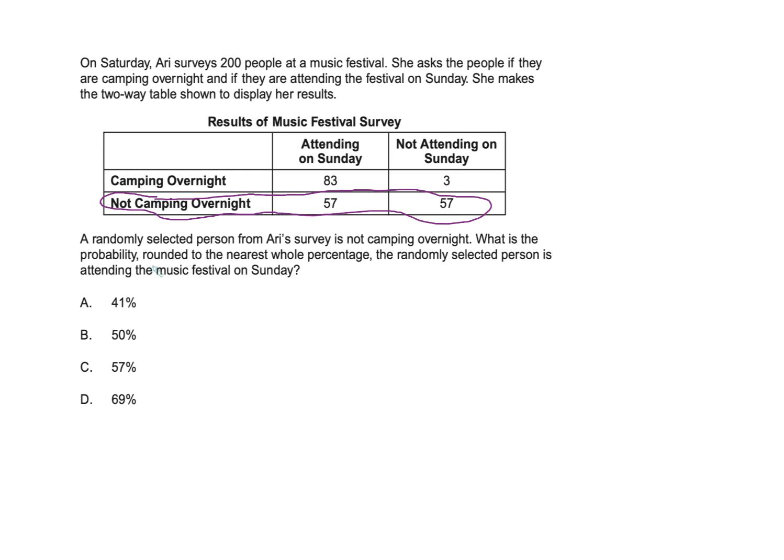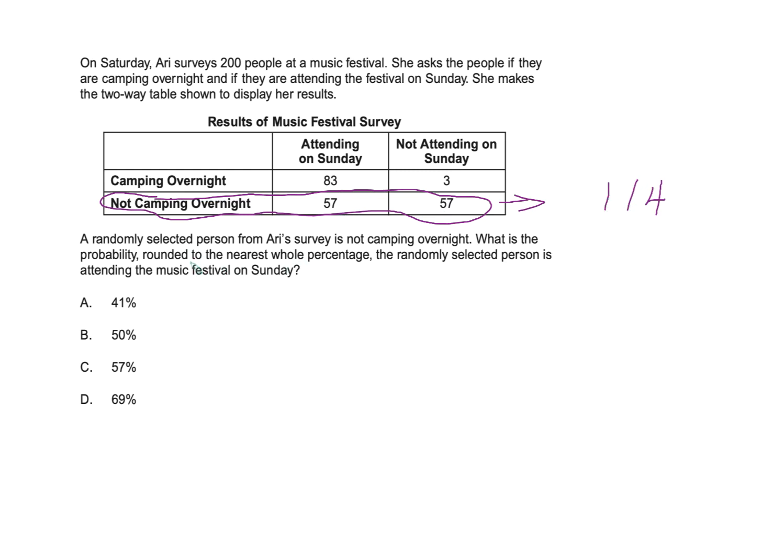What is the probability, rounded to the nearest whole percent? So now they want their answer as a percent. The randomly selected person is attending the music festival on Sunday. So notice, attending the music festival is 57. Now, if you're not camping overnight, then the total number of people would be 57 plus 57, 114.